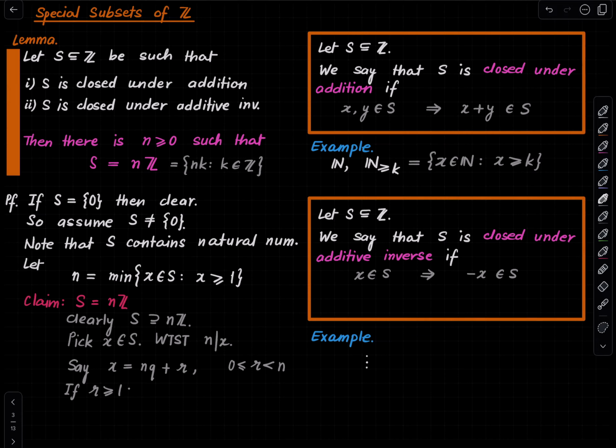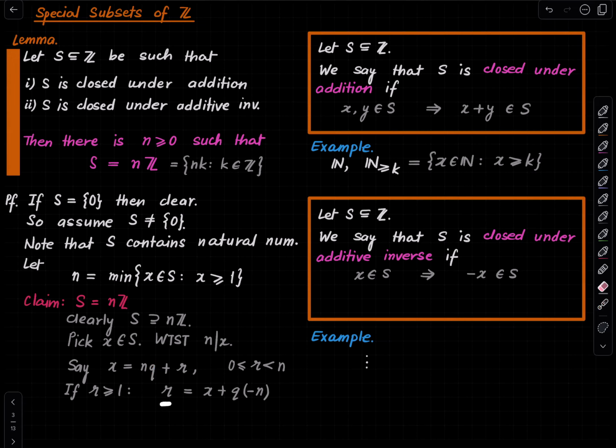Note that r is x minus qn. Now note, x is in S, and minus n is also in S. For the moment, think of q as a positive integer. It's not necessary, but just think of it that way.